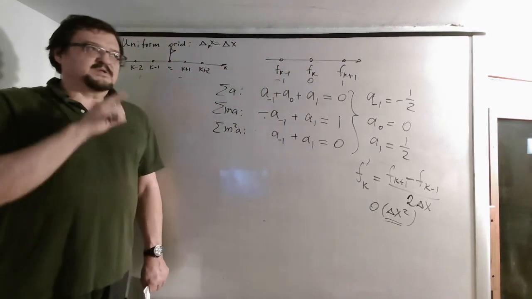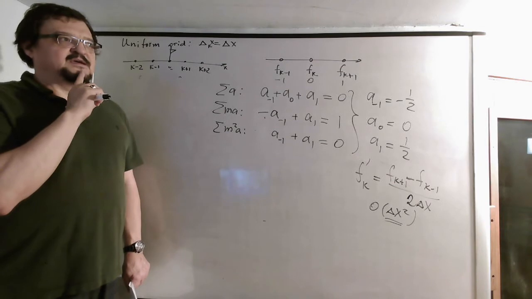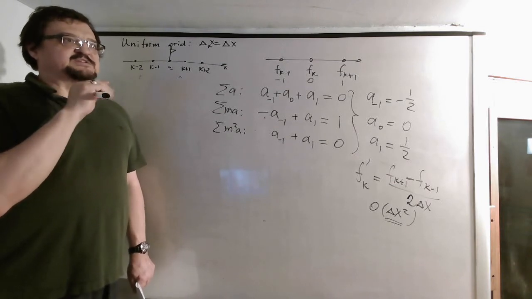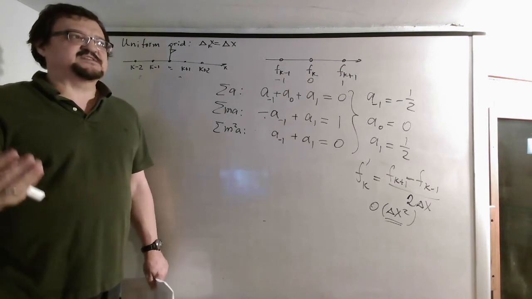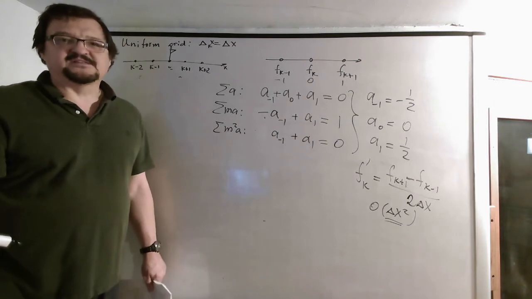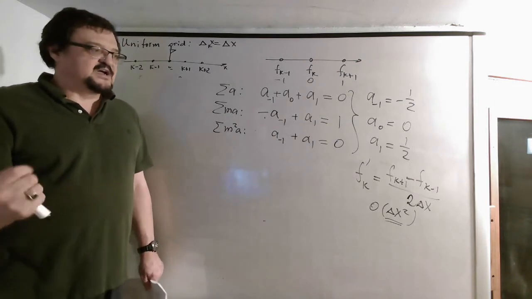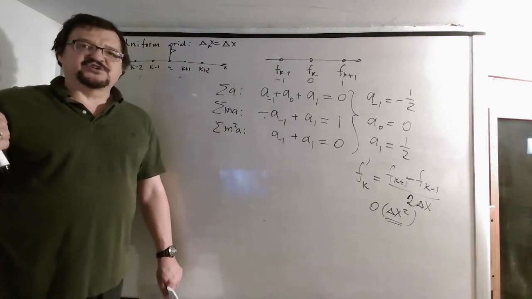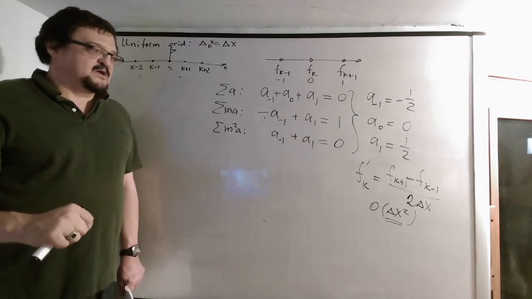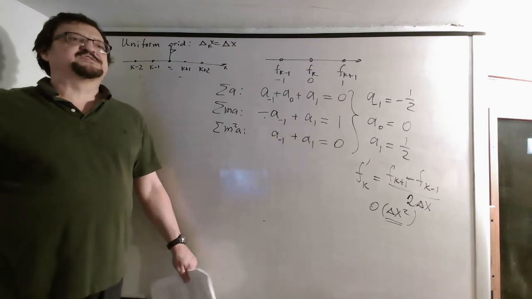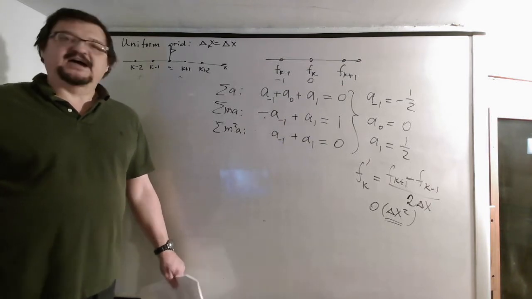I said something in terms of truncation, but I forgot to mention what it actually means. Why is it good to have second order, unlike, say, truncation of first order? It's good not just because it's a high number.